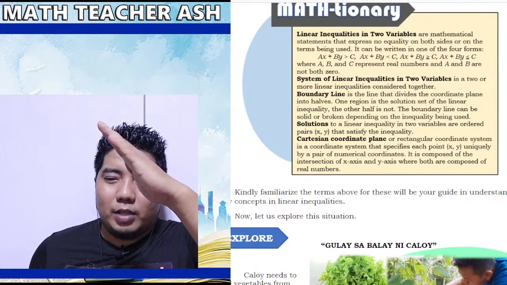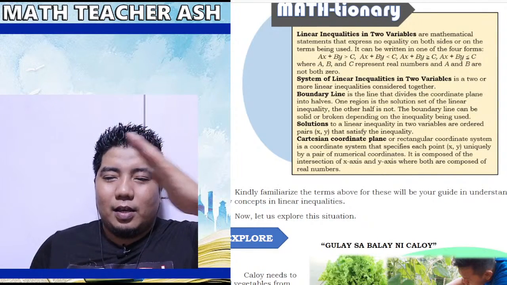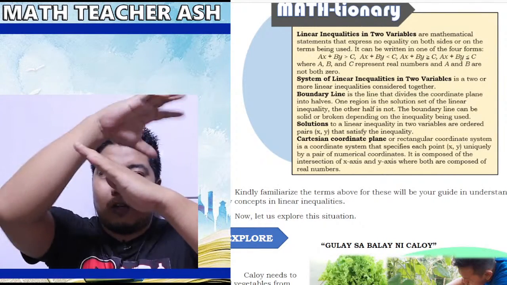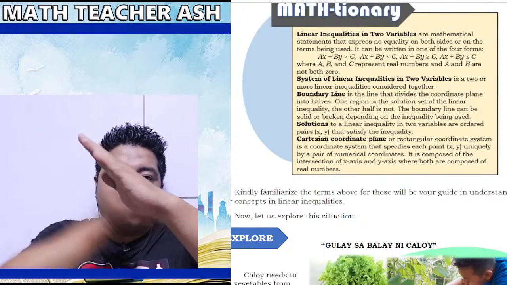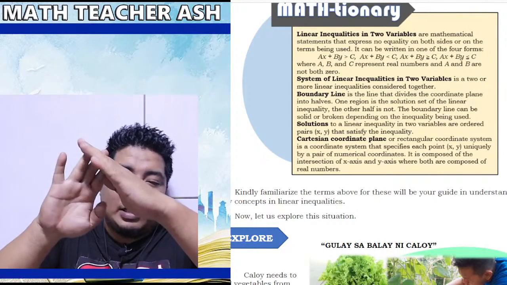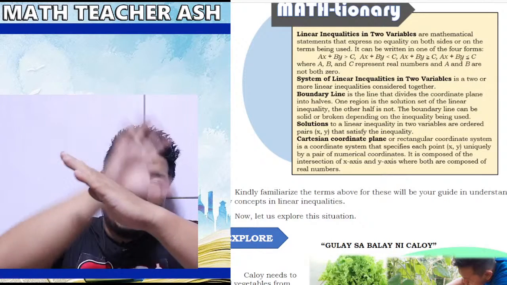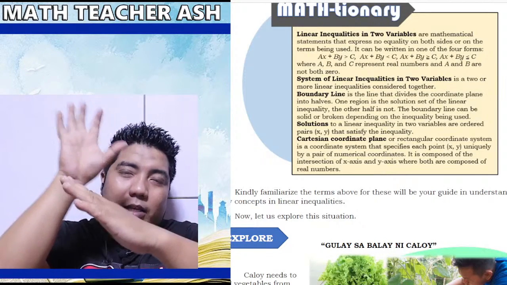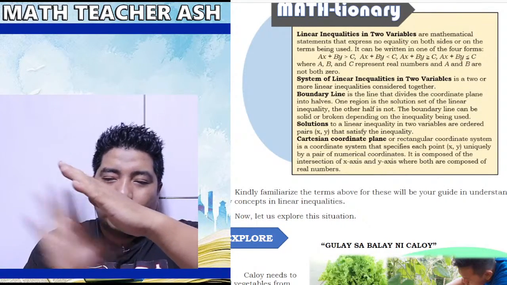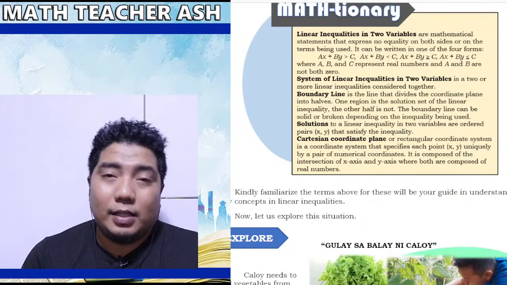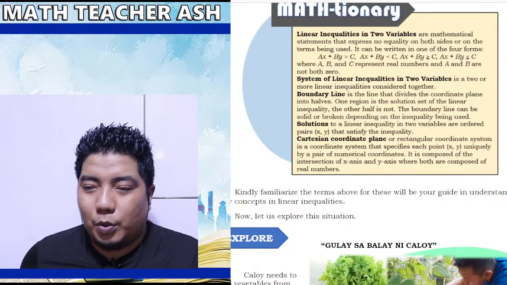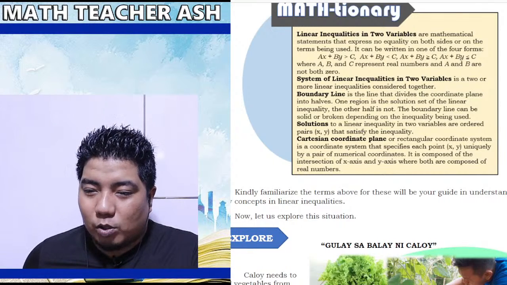Pag ito yung boundary line, let's say, ang dito na part, ito yung sagot. So, therefore, lahat ng mga points, including that boundary line, as long as this is solid, okay, ay part ng solution ng linear inequalities na yon. Pero, ito namang hindi na shade, for example, it means that hindi yun siya part ng solution. Okay. Now, let us continue.